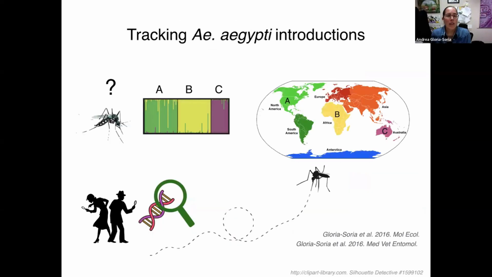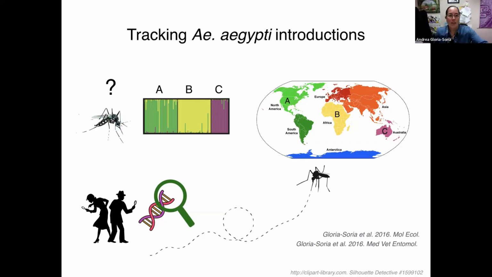And so what we can do with this is that we can use these genetic signatures to create a reference panel for the species from all around the world. And we can then use this reference panel with genetic assignment tests to determine where a mosquito that has just been introduced originally came from.